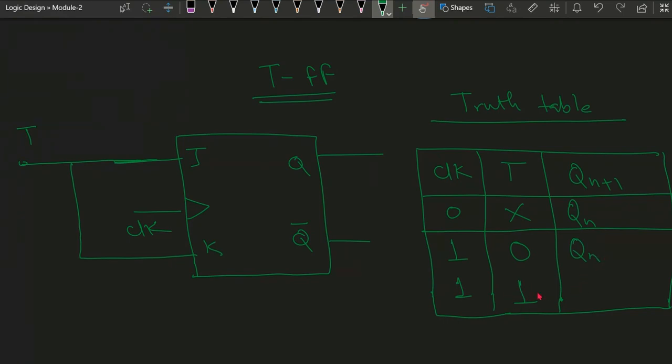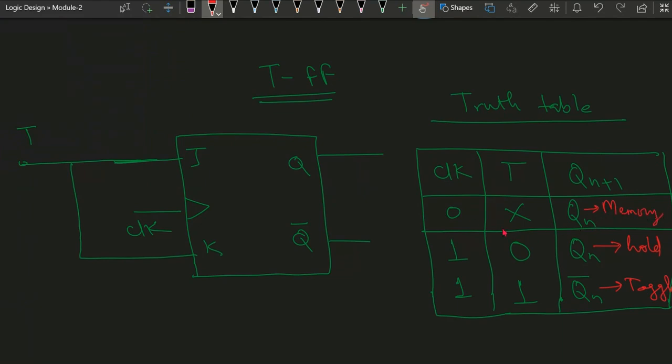If T is equal to 1, it will be doing the toggling. So here, Qn holding is called hold mode, and toggling is called toggle mode. And this first one is basically the memory mode.